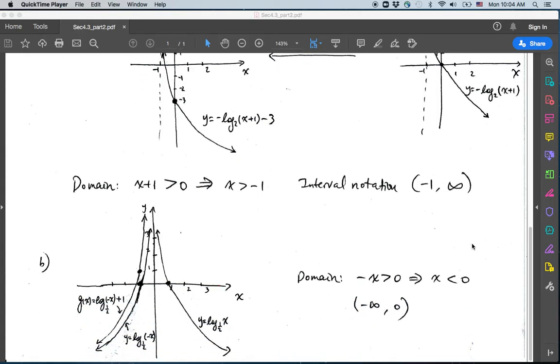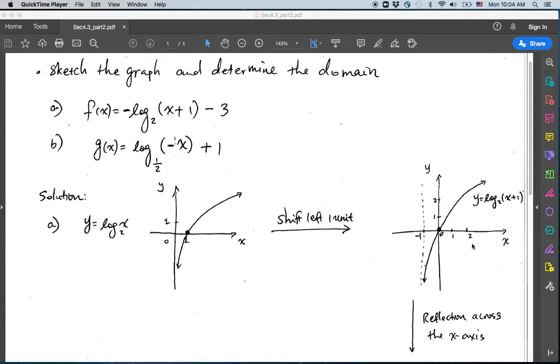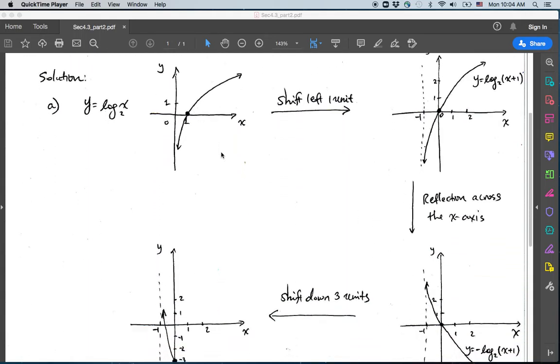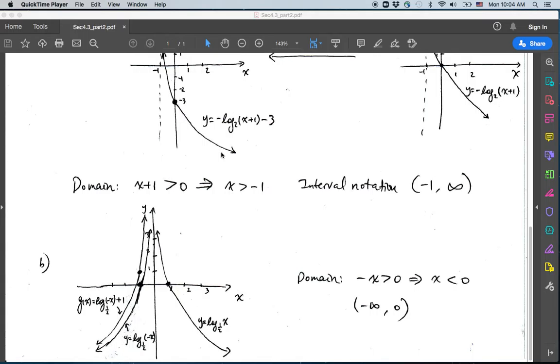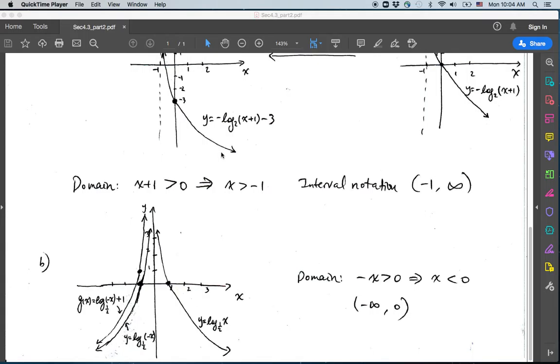Next, we will look at another logarithmic function defined as log of -x with base 1/2, plus 1. For this one, we will draw the graphs from all those intermediate steps in one picture.